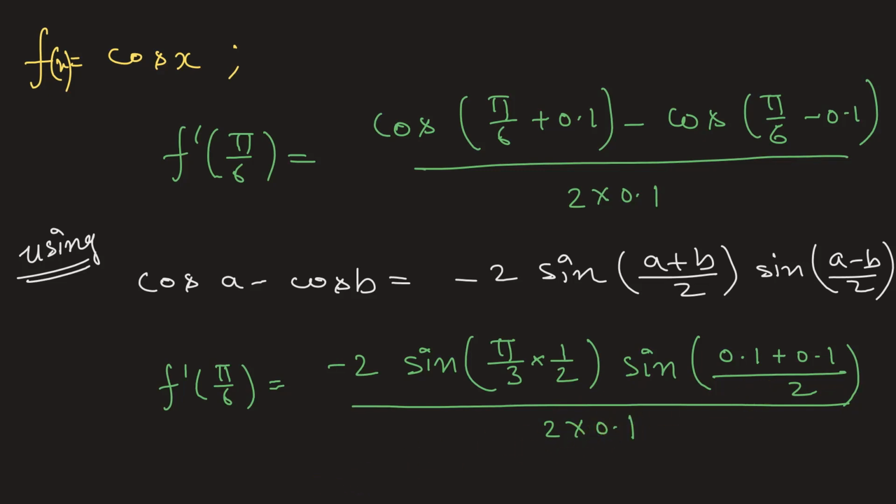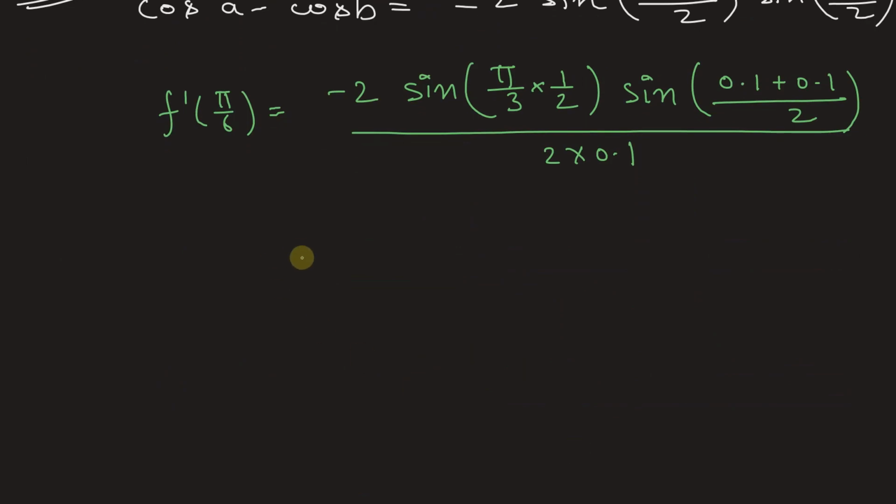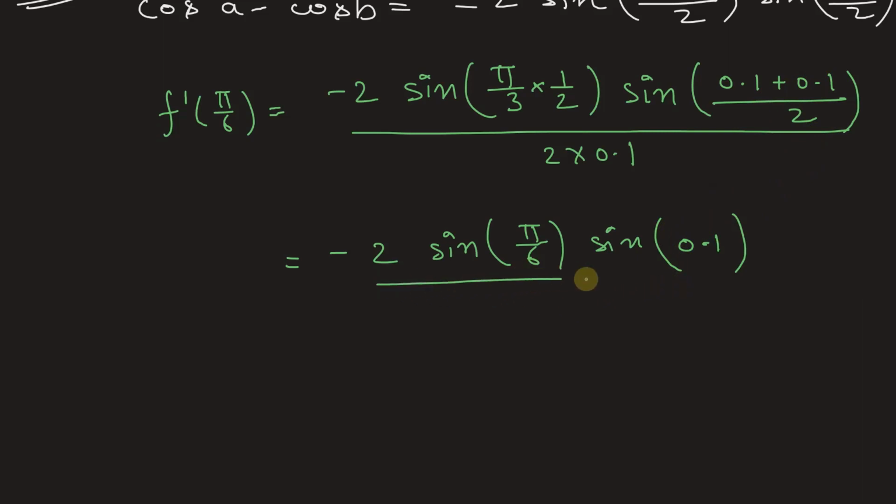So this again we can write as negative of 2 sin pi by 6 into sin 0.1, because 0.1 plus 0.1 by 2 is 0.1, and this whole divided by 0.2.